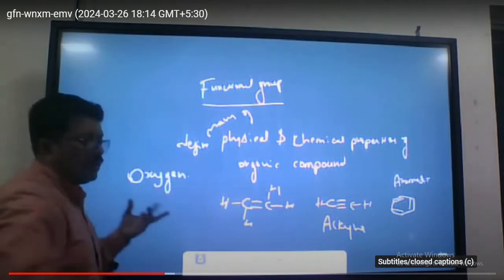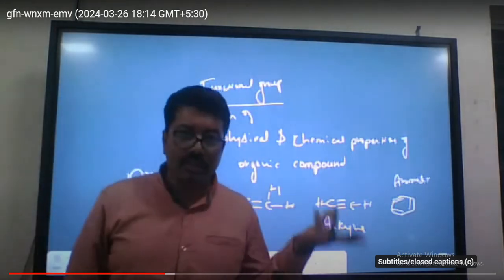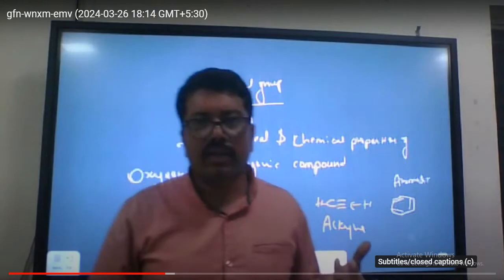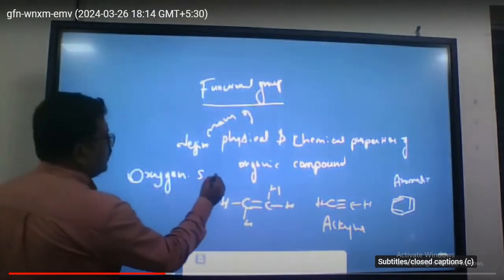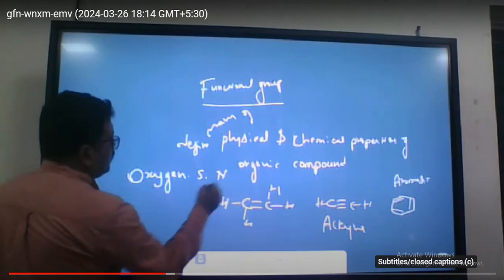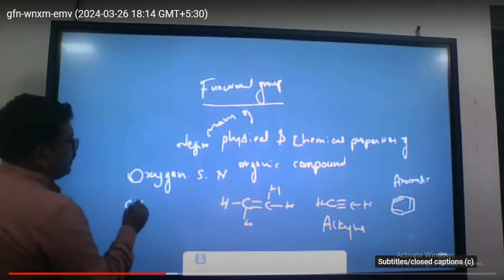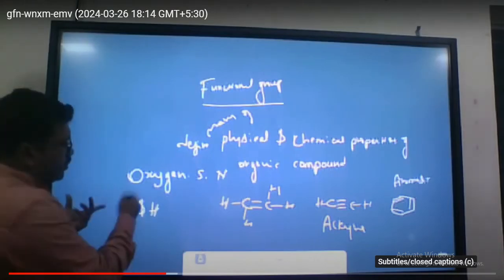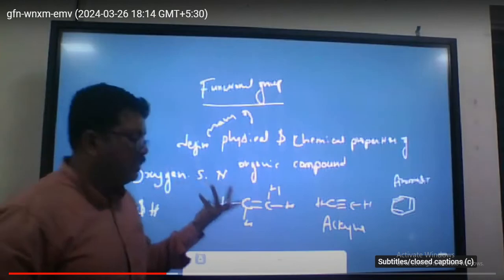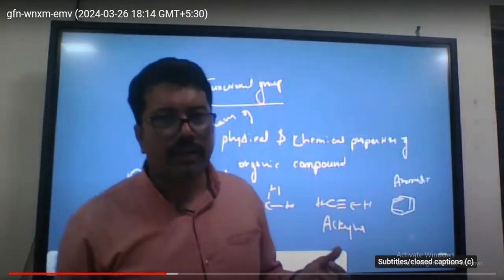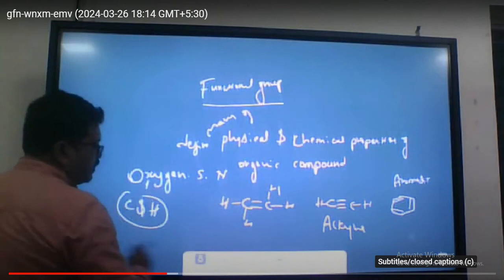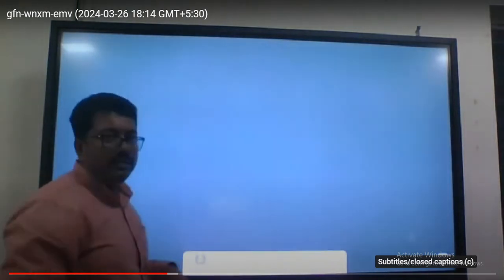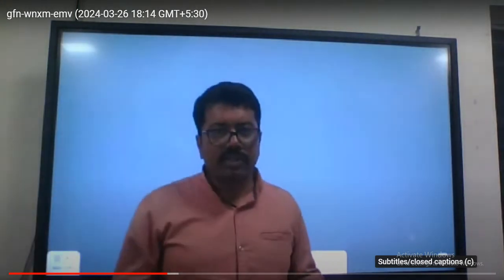Many functional groups in organic compounds contain oxygen, nitrogen, sulfur, along with carbon and hydrogen. For example, carbon, hydrogen, and oxygen functional groups. Next, a few examples.